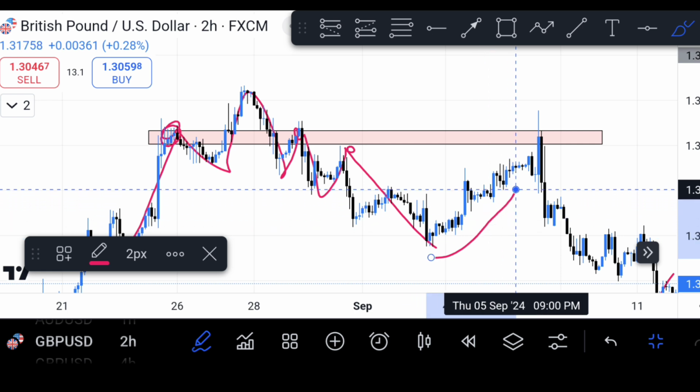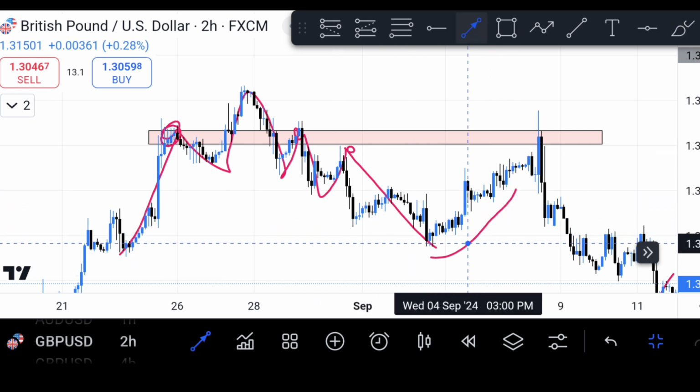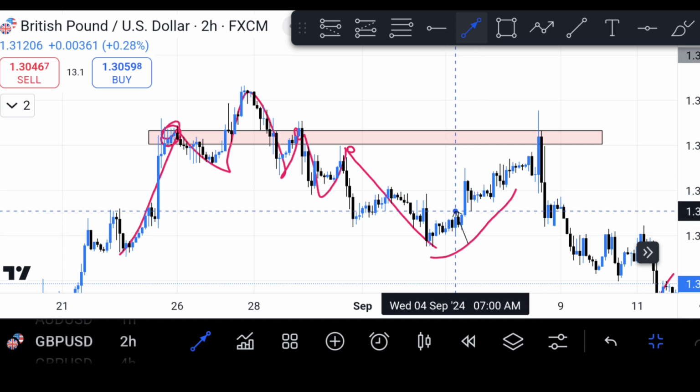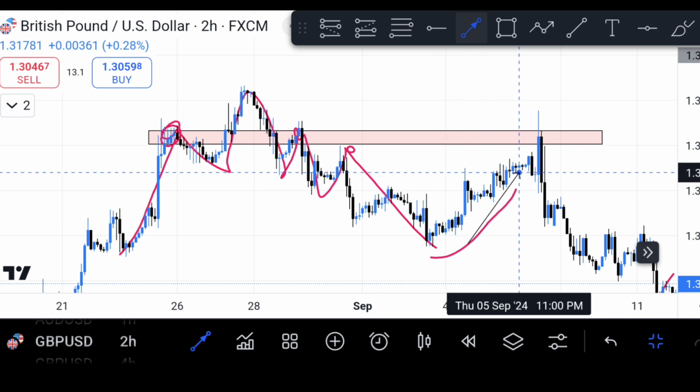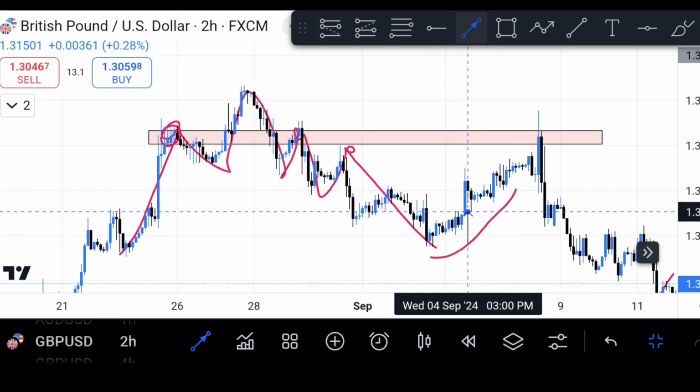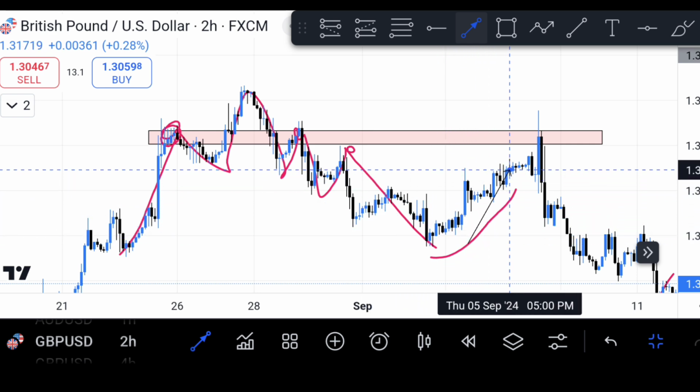Okay, so look at something here. When price was going into the zone, look at the momentum price was using at this place and now this side. You can see there was a decrease in momentum here. Here the candlesticks were big fat candlesticks, but when it got here the candlesticks were lower, small candlesticks. So this is where it spoke to us that this is an area where price cannot break.